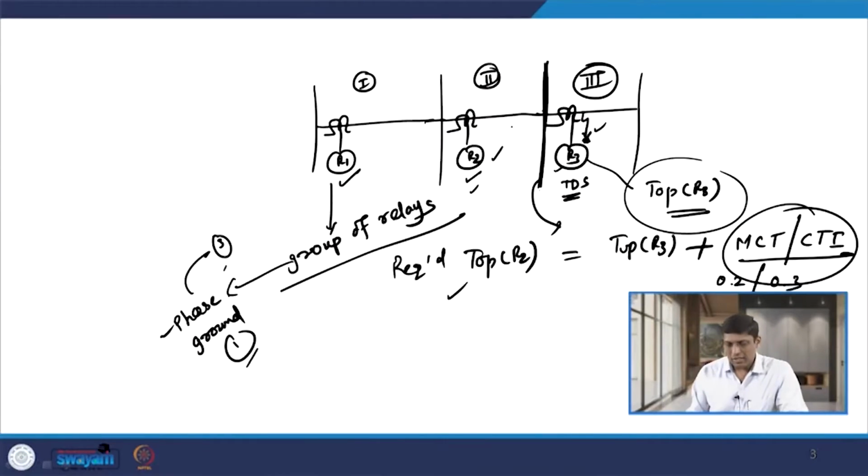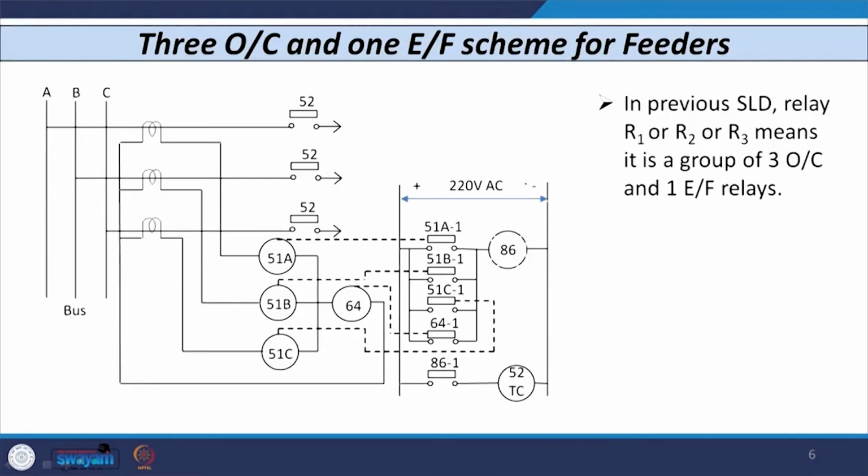Similarly, when you consider R2, R2 also means a group of relays. So, it has 3 phase relays and 1 ground relay. Similarly, R3 is also a group of relays, 3 overcurrent 1 ground relay. If I consider the network for this, let us say the 3 conductors are there, RYB or ABC, and we have a relay connected in each phase.